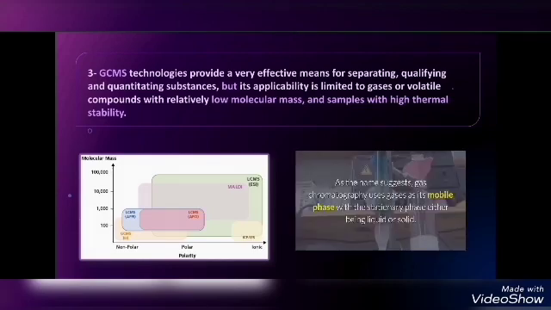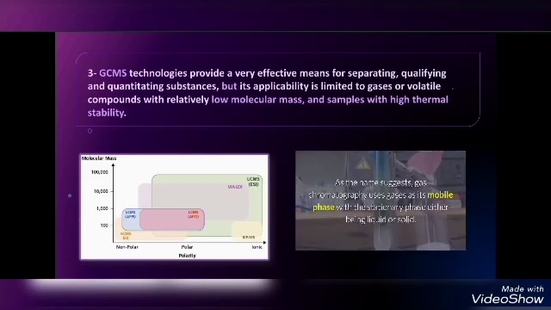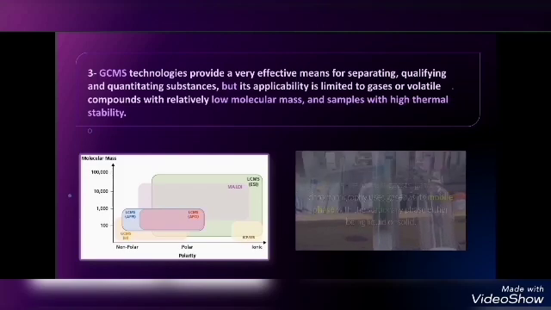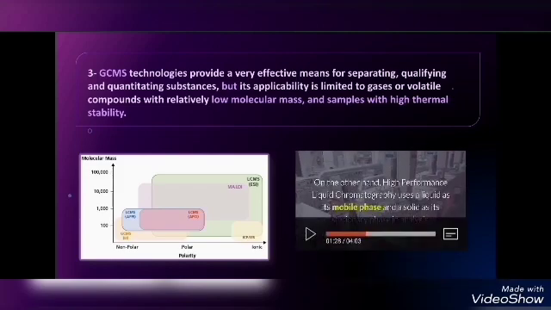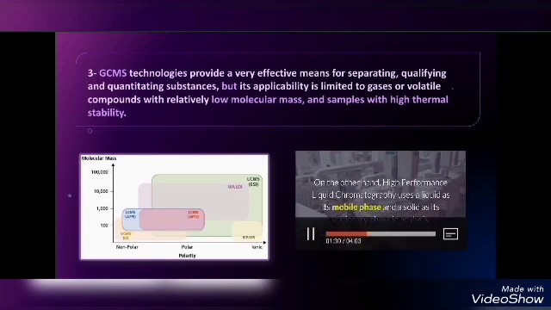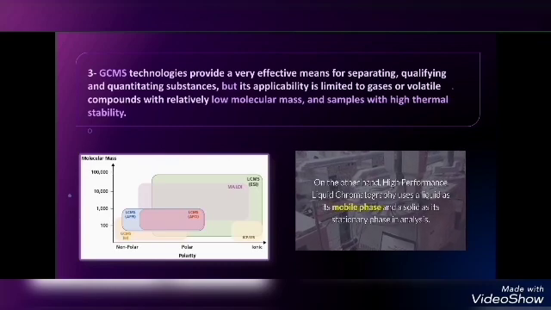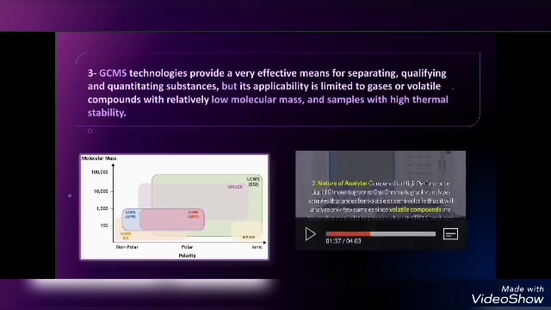As the name suggests, gas chromatography uses gases as its mobile phase, with the stationary phase either being liquid or solid. On the other hand, high-performance liquid chromatography uses a liquid as its mobile phase and a solid as its stationary phase in analysis. 2.